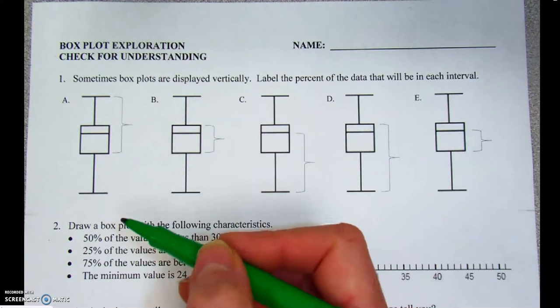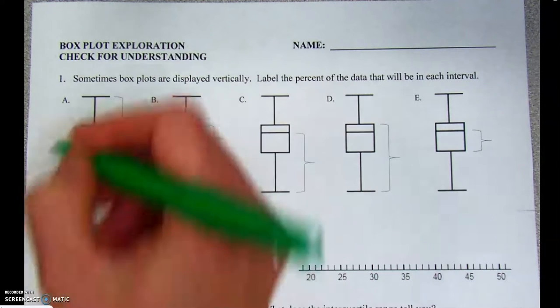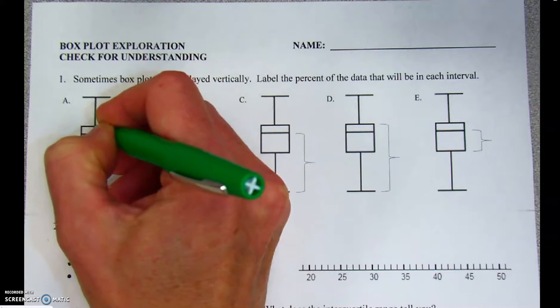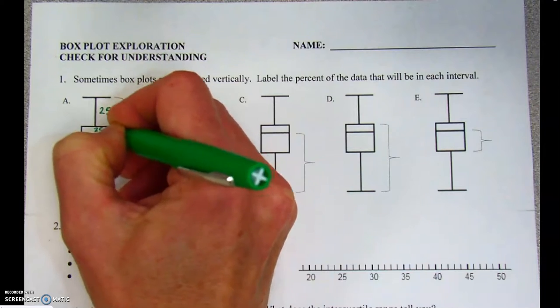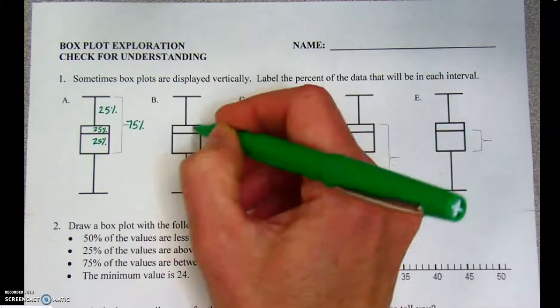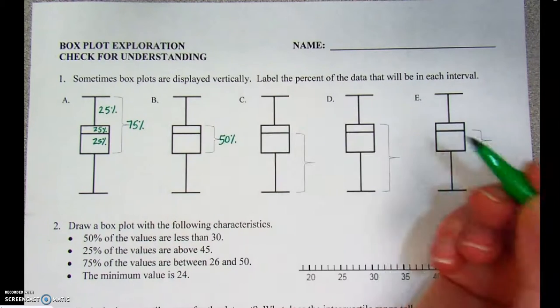We learned about box plots that each one of these sections is 25%. This is 25%, so is this part right here, so is this part right here. So altogether, this is 75%. This little part in the middle, the interquartile range, that's just 50%.